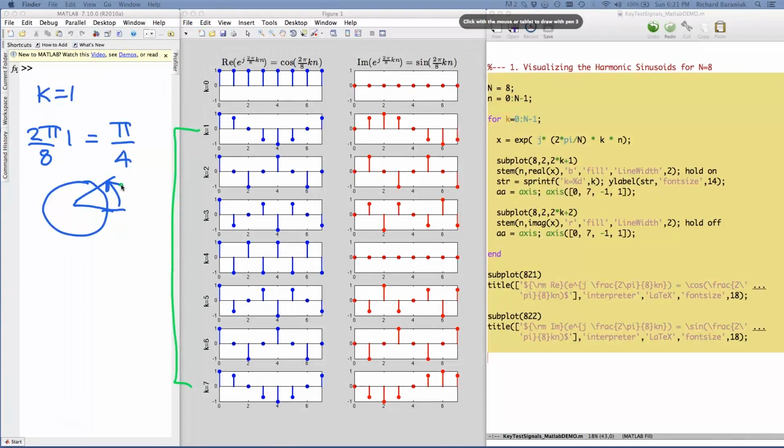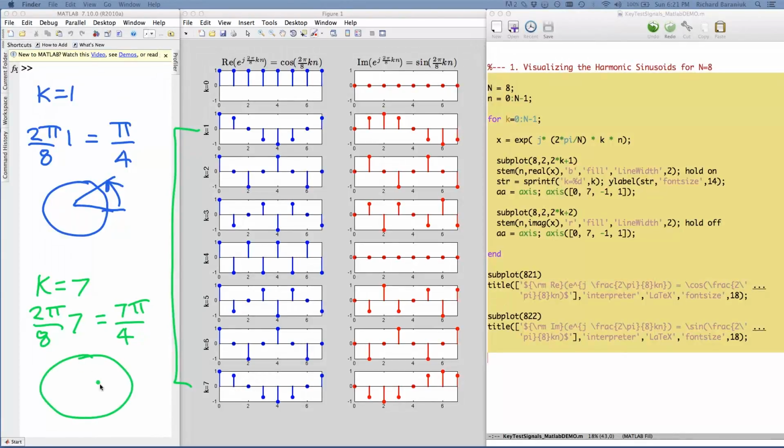Next, this frequency at the bottom, here we have k equals 7, and now the frequency is 2 pi over 8 times 7, which equals 7/4 pi. And we can ask what angle that looks like. Well, that is precisely this angle, 7/4 pi.